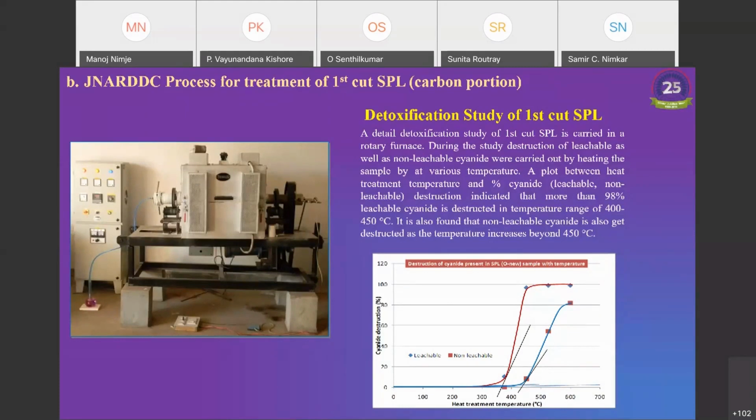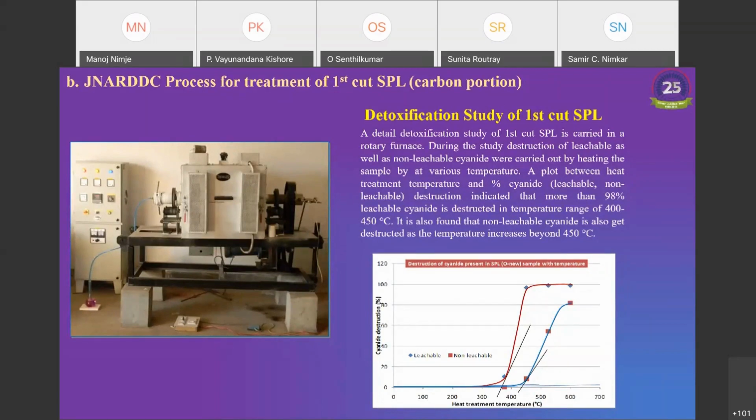Why have we selected first cut SPL only? Because a deep study on the analysis of first cut SPL and second cut SPL shows that high levels of cyanides and fluorides are associated with first cut SPL, that is the carbon portion, compared to the refractory portion. Therefore, the study was carried out on first cut SPL only.